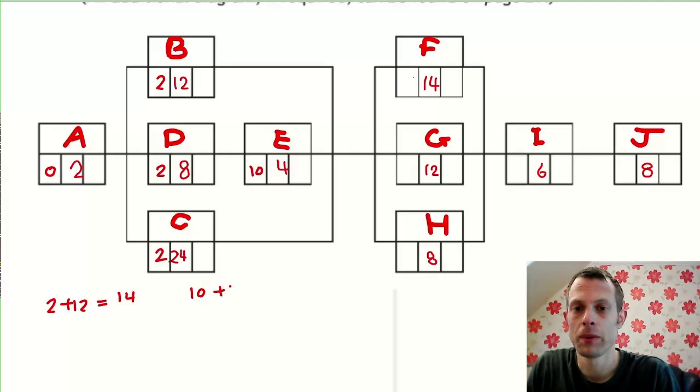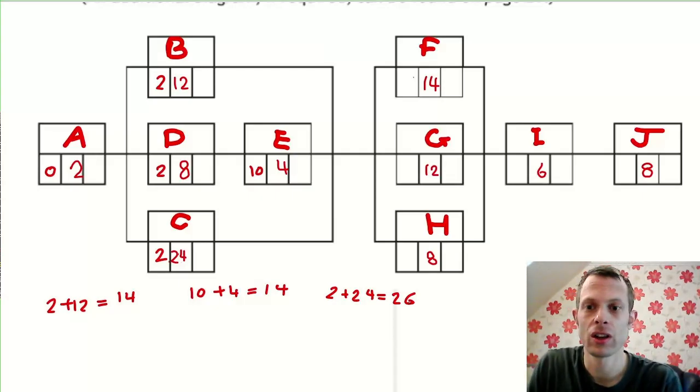Task E will be finished at the earliest at 14 hours. However, task C will be finished at the earliest at 26 hours. So when we are doing the forward scan, we always take the later or latest possibility. The early time for tasks F, G and H will be 26 hours.